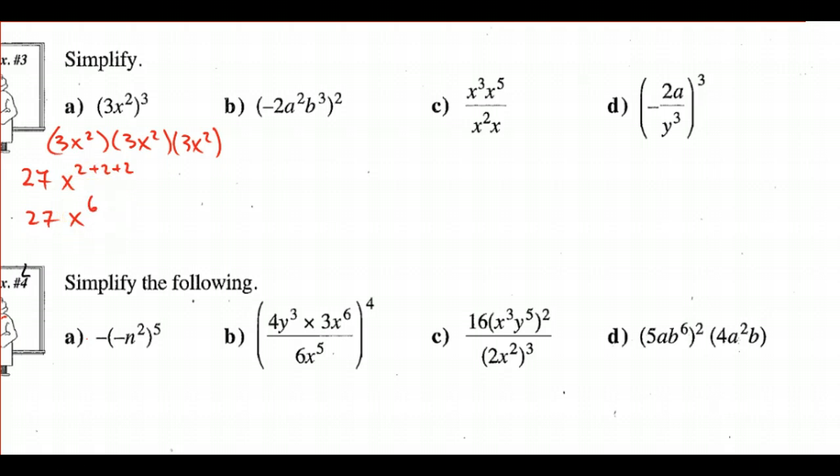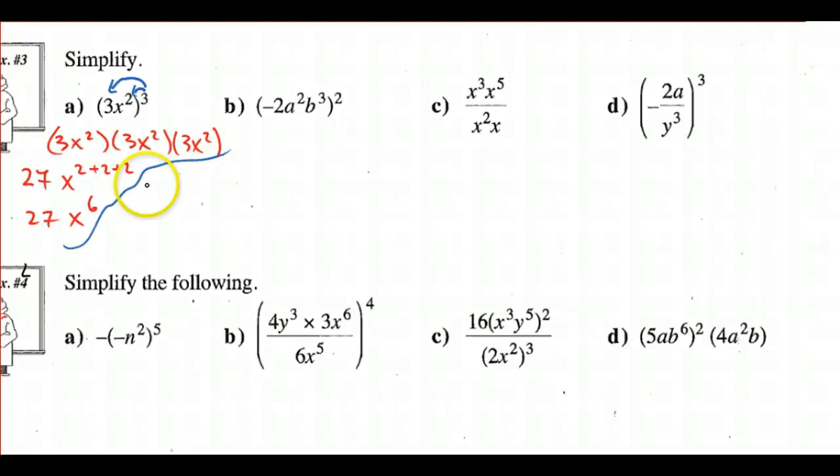Let's see if we can do the short way here. The shortcut is this. Do you remember that everything inside the bracket gets the exponent? Nothing's left out. All right, so let me do the shortcut method in blue. What is the rule when we're multiplying power of a power? We have to multiply the exponents.